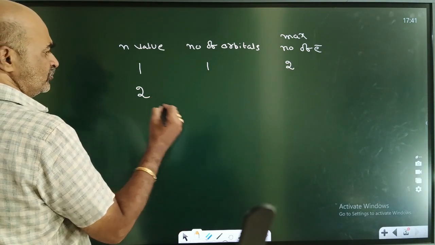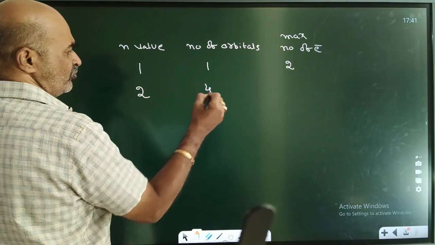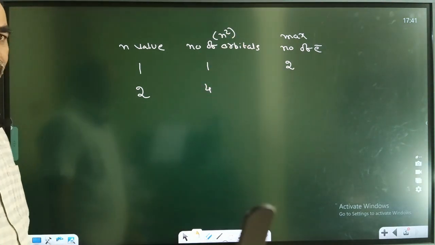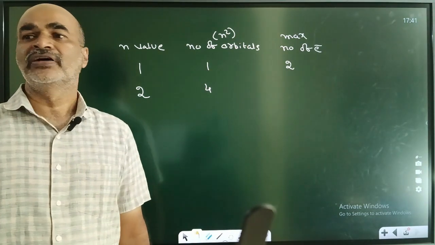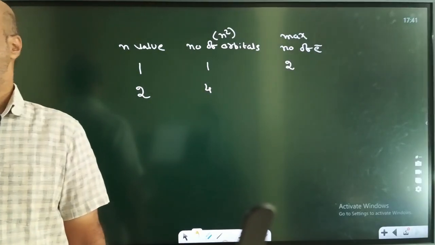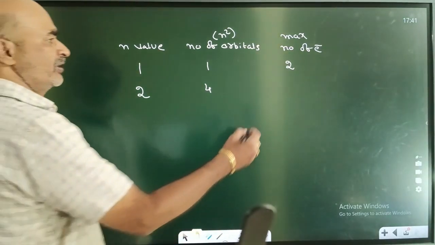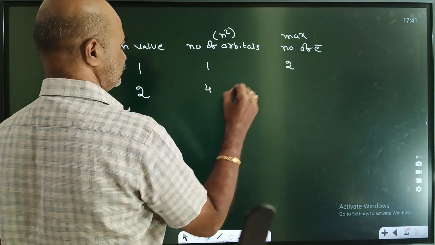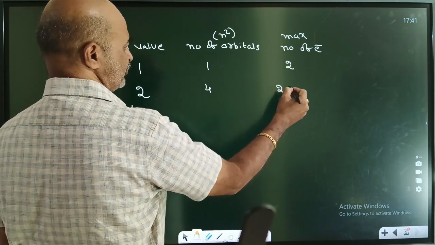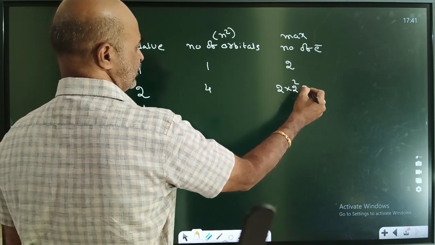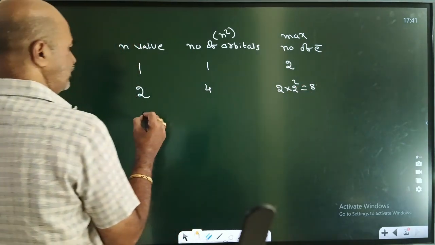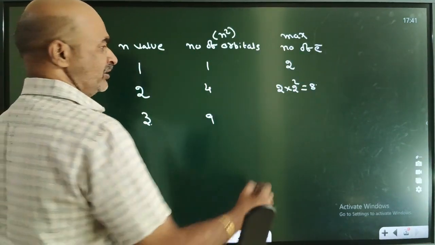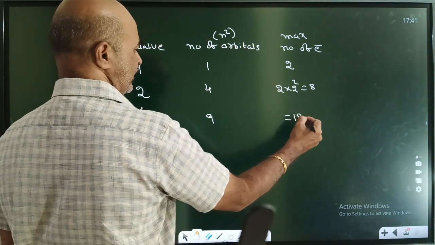If n is equal to 2, number of orbitals 4, since number of orbitals is n square, and number of electrons is 2n square, that is 8. If n is equal to 3, number of orbitals 9, number of electrons 18.